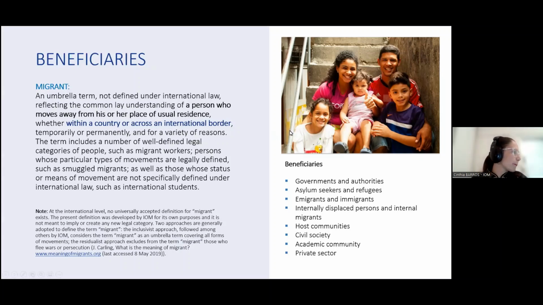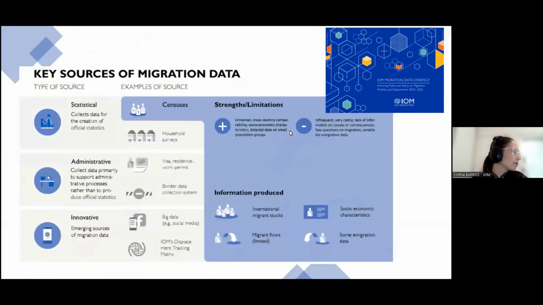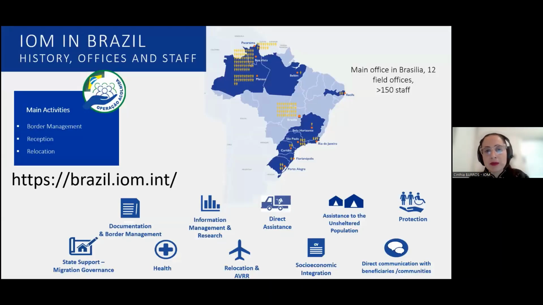Today, IOM Brazil has 13 offices and more than 150 employees. We work with several activities, both in direct assistance to migrants, with medical care, distributions of food or goods, guidance on obtaining documents, but also with improving government capacities.